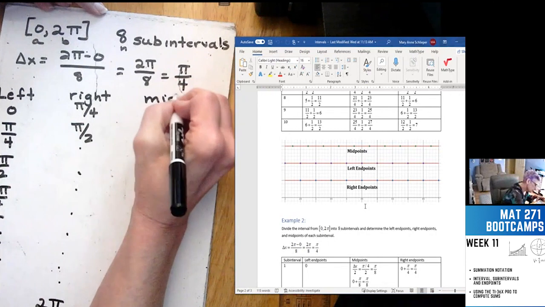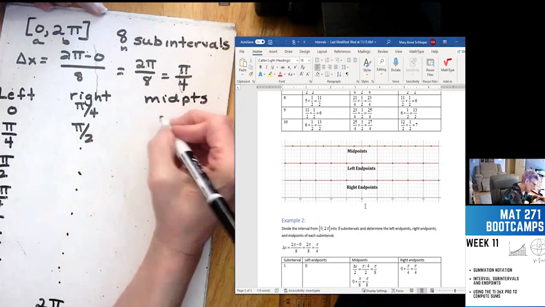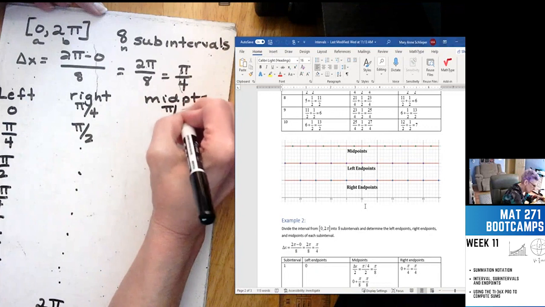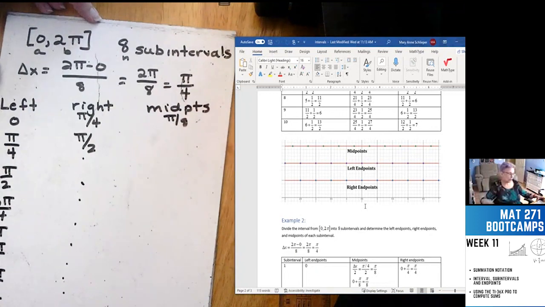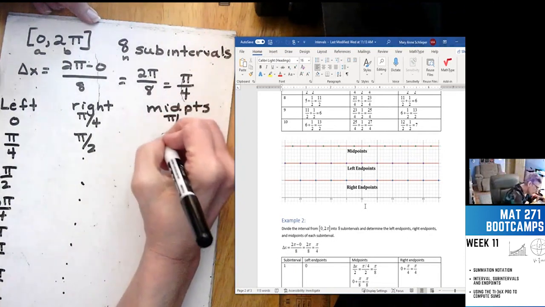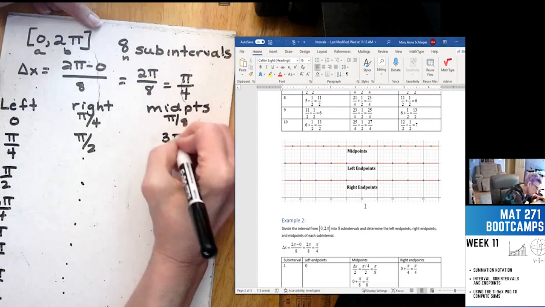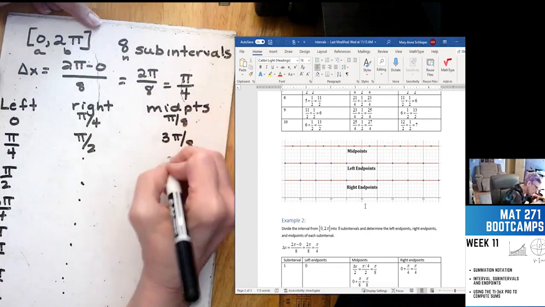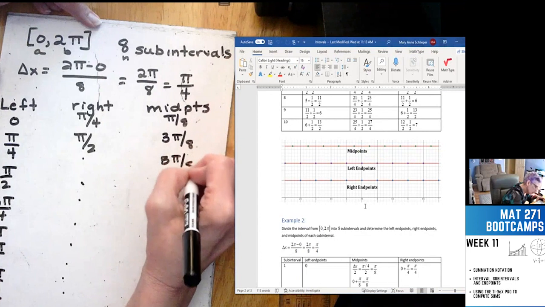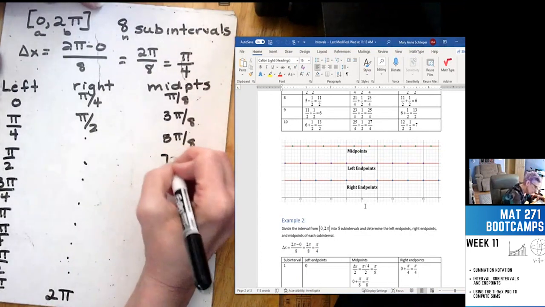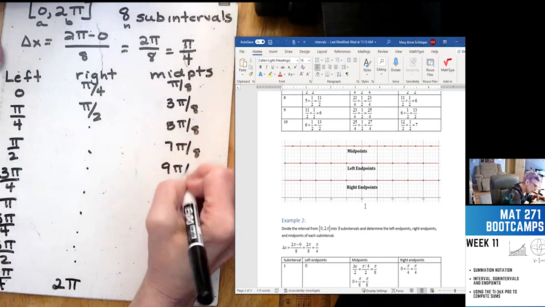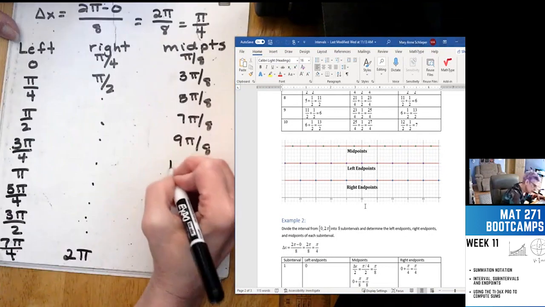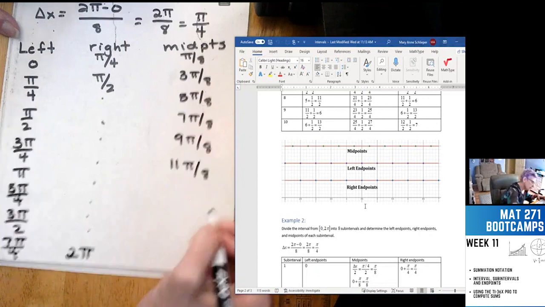Midpoints, we start halfway between. So we start at pi over 8, but we still increment by delta x, which is pi over 4. So I have to add 2 pi over 8. So I get 3 pi over 8, 5 pi over 8, 7 pi over 8, 9 pi over 8, 11 pi over 8.